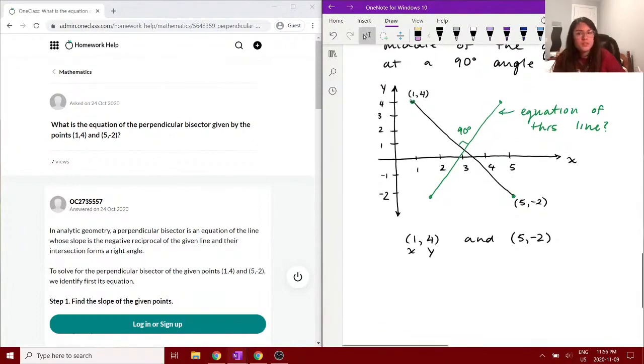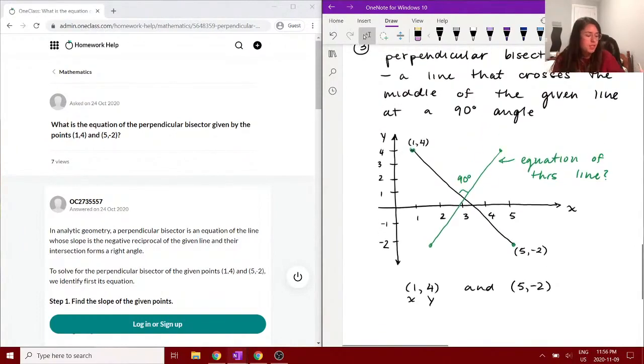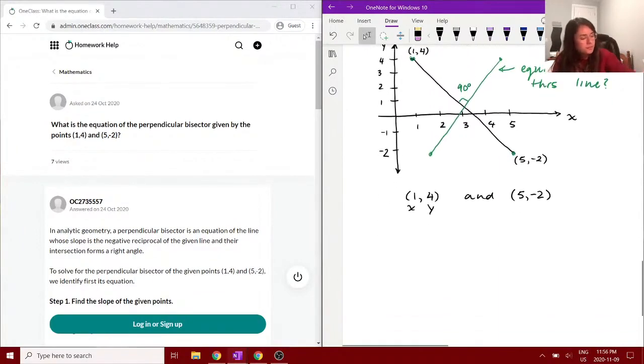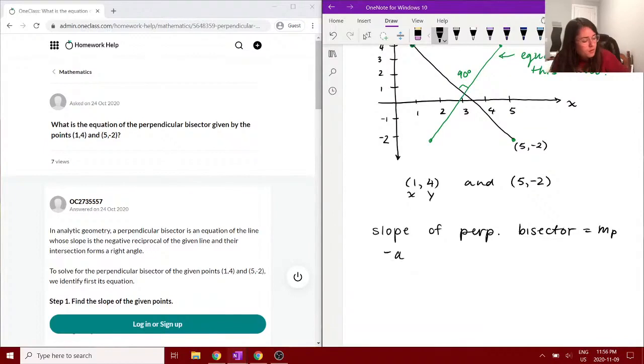The slope of a perpendicular bisector, we're going to call that MP, is always the negative reciprocal of the given line slope, to be specific.